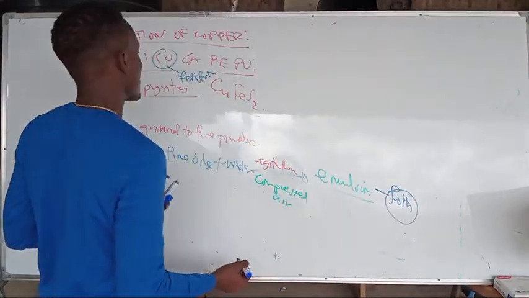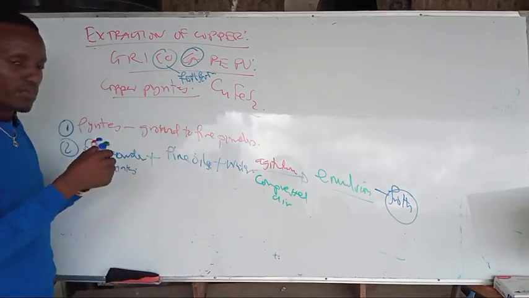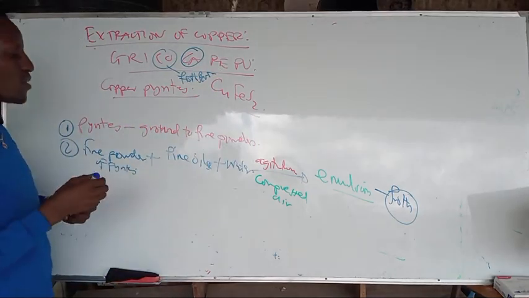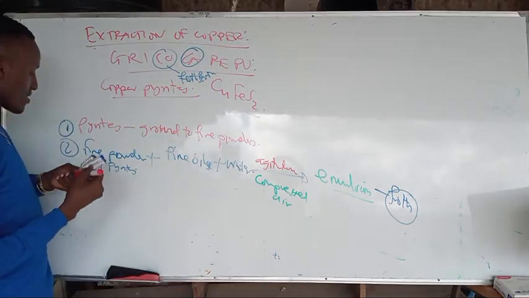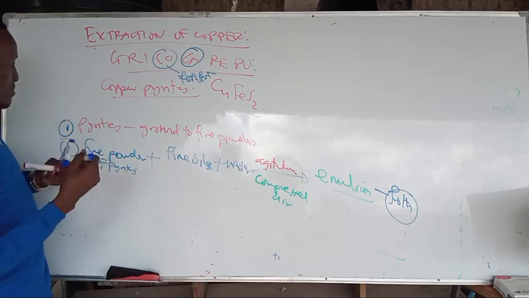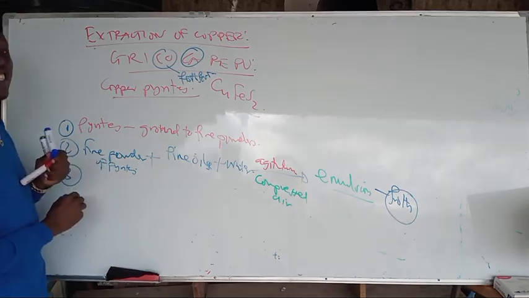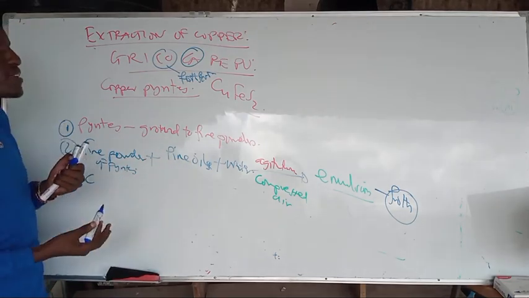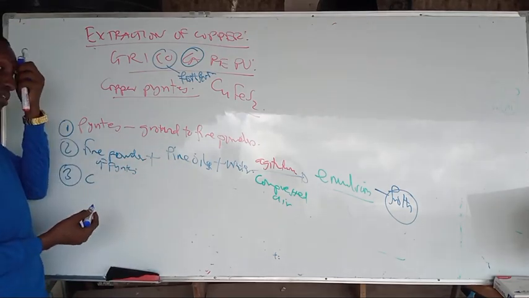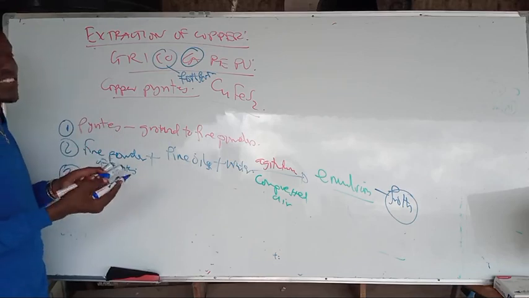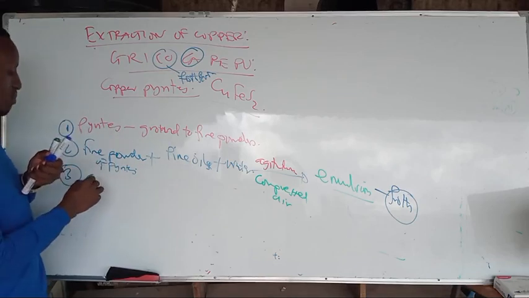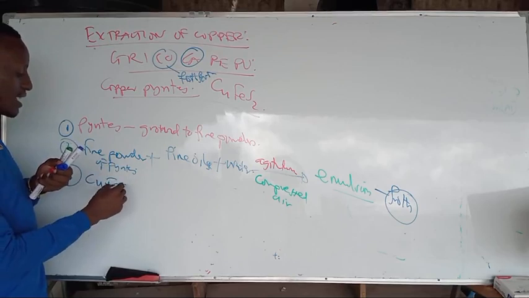So the froth is now taken into the calcination step. Number 3, calcination. What is being done in the calcination? This is not an oxide. It's copper pyrites, copper, iron and sulfur.